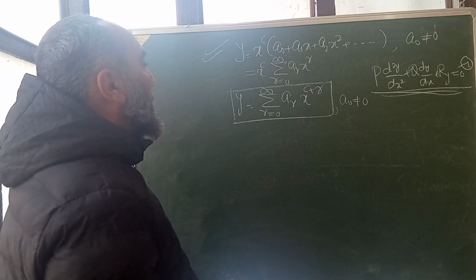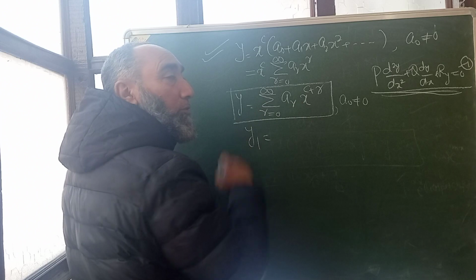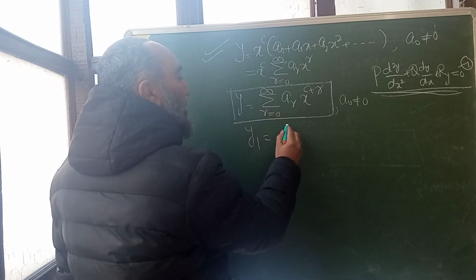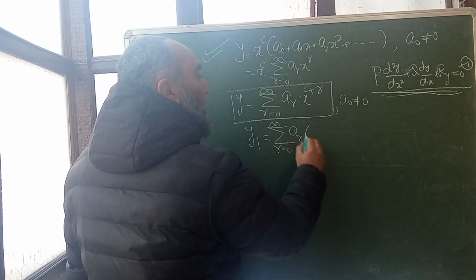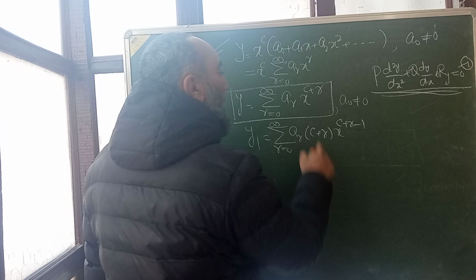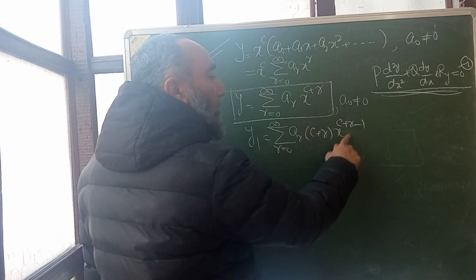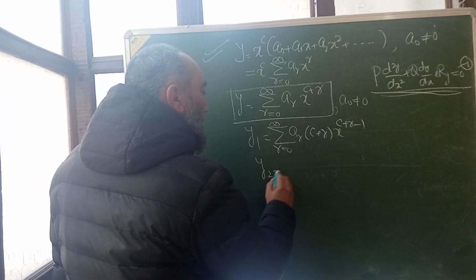So when we know y, we can always find y1. y1 is the derivative of this, y being a function of x. So what is the derivative? The derivative is summation a_r (c plus r) x raised to the power c plus r minus 1. This is the first derivative. Then what is y2?